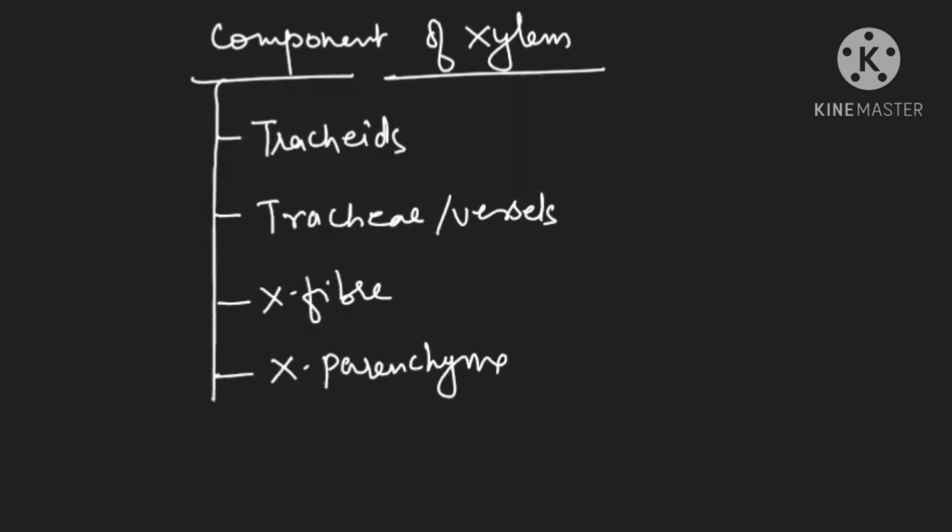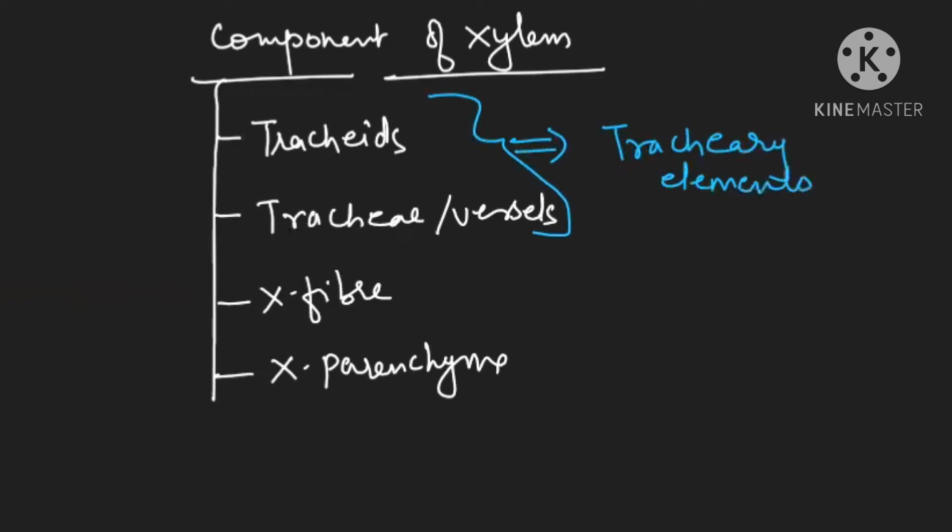This together, tracheids and tracheae together are known as trachea element. This is again very important PMT question. Trachea elements. Is it clear? So these are the one things. Now see here in this, these three components are dead, and they are dead due to lignin deposition.